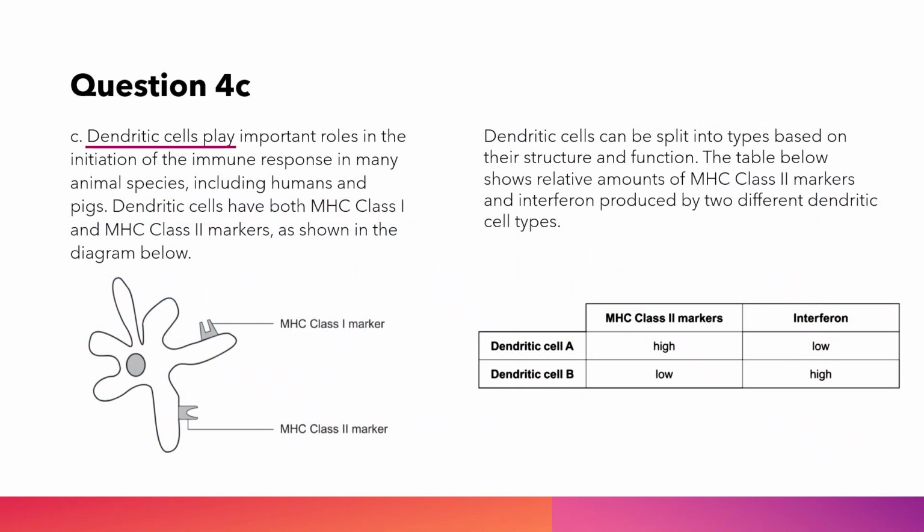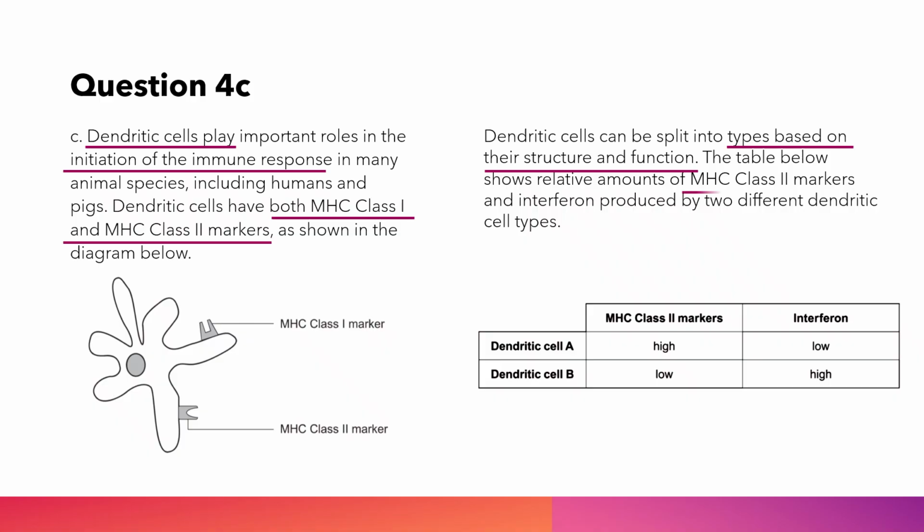Dendritic cells play important roles in the initiation of the immune response in many animal species, including humans and pigs. Dendritic cells have both MHC Class I and MHC Class II markers, as shown in the diagram below. Dendritic cells can be split into types based on their structure and function.